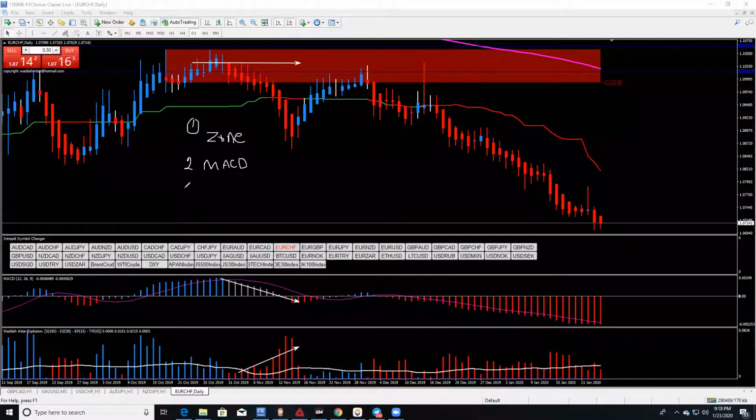Number 3, I want to look for structure. Where's price in relation to structure? Did it cross the line? So, structure.